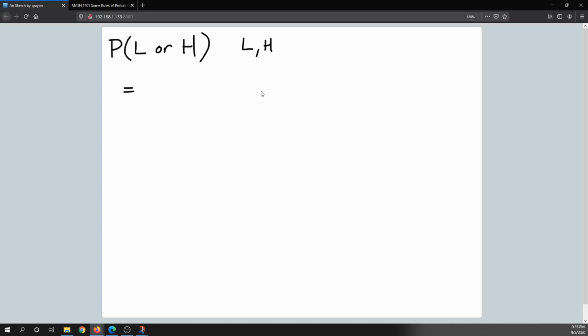So L and H are mutually exclusive, which means I can use the specialized addition rule, and so that's going to be the probability of L plus the probability of H, okay?